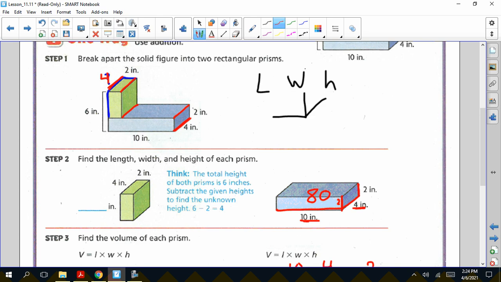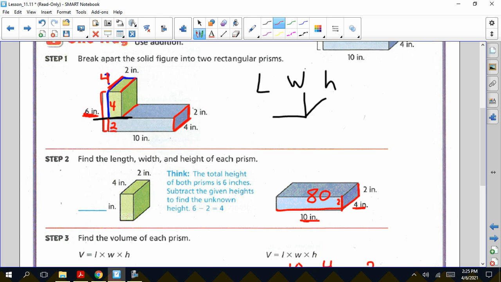Now for the height, this whole distance is 6 inches. But because we cut it off right here, we cannot use the 6 inches. So we have to look around, and this height is 2, so is that height, and so is that. So if the bottom is 2 inches and the whole thing is 6 inches, then we would do 6 minus the 2, and we would get 4.